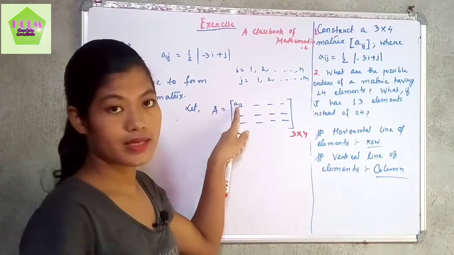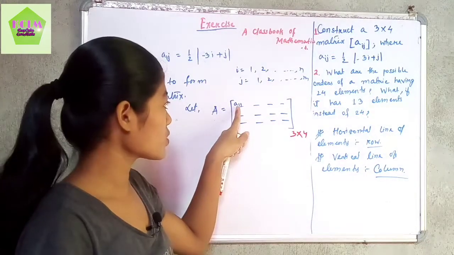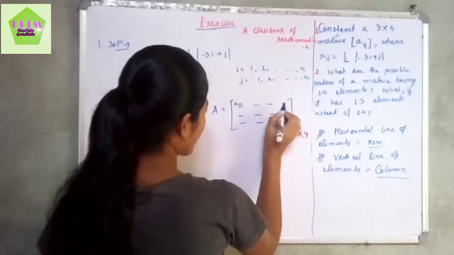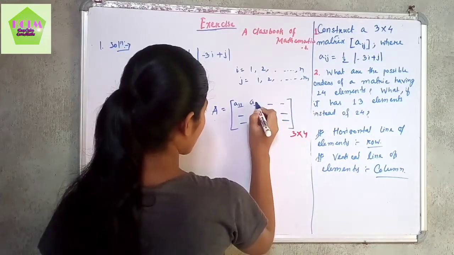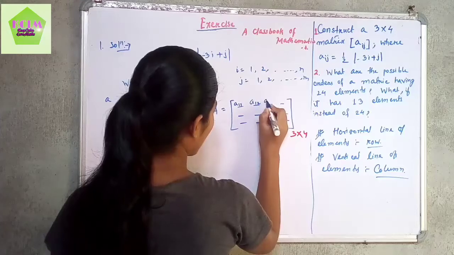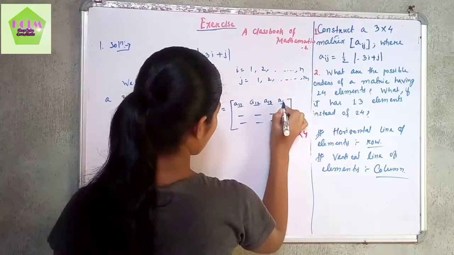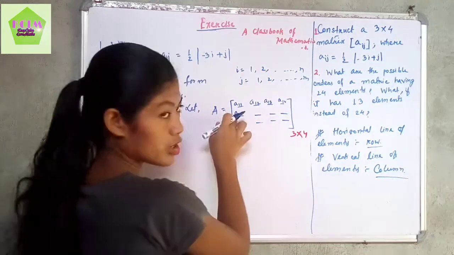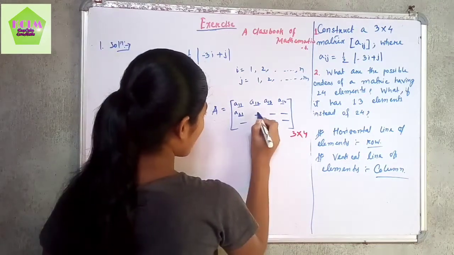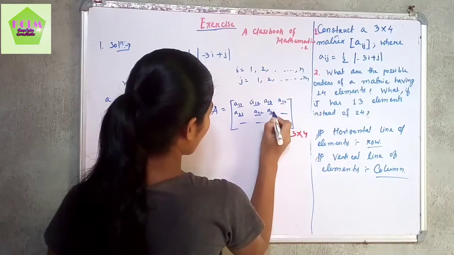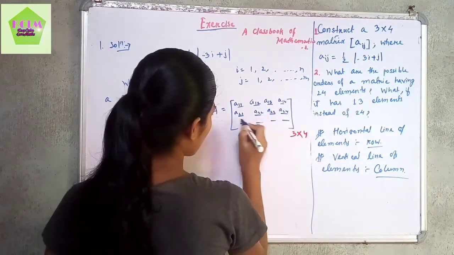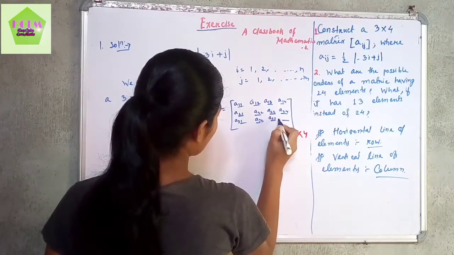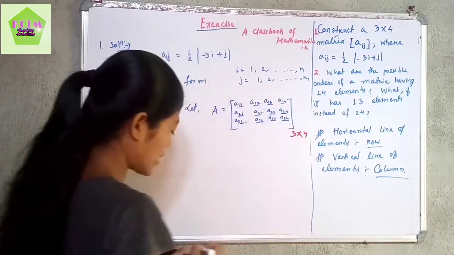This element is in the first row and first column, so this is a_11, and the second element, which is in the first row but the second column, is written as a_12, and so on. In the second row, the first element is written as a_21, a_22, a_23 up to a_24. Similarly a_31, a_32, a_33, a_34.